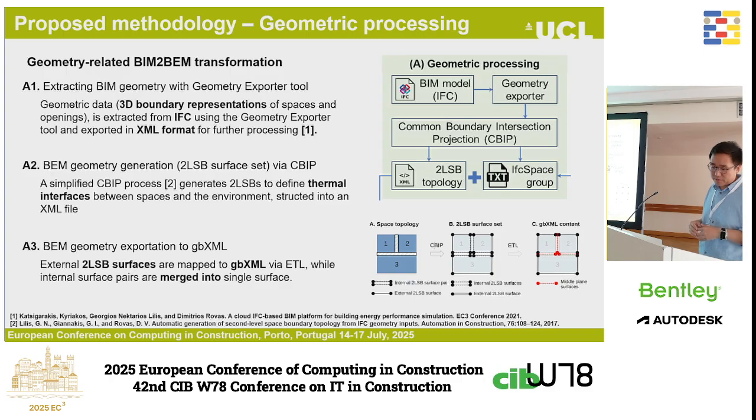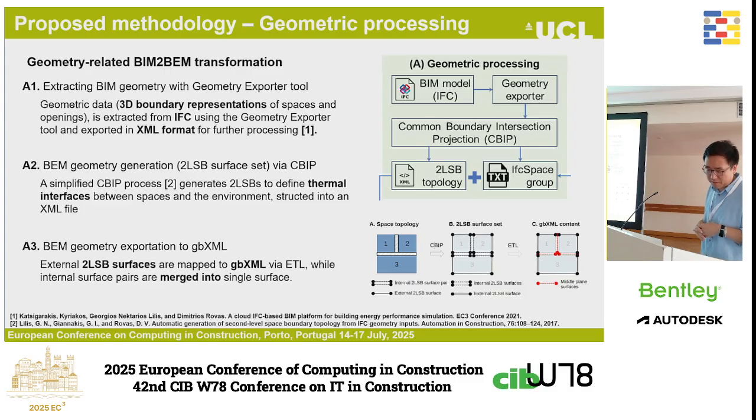In stage A2, based on this, the BIM geometry generation has been obtained, which is the second-level space boundary, a surface set. There's another tool we published several years before, and via this we can define the thermal interface between spaces, as well as between a space and the environment.